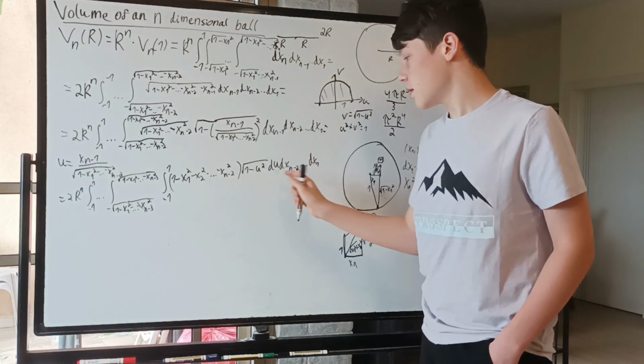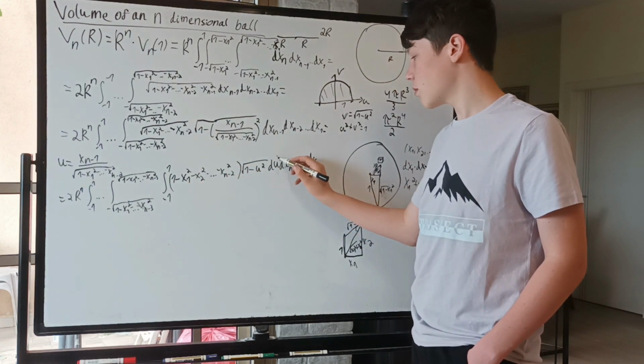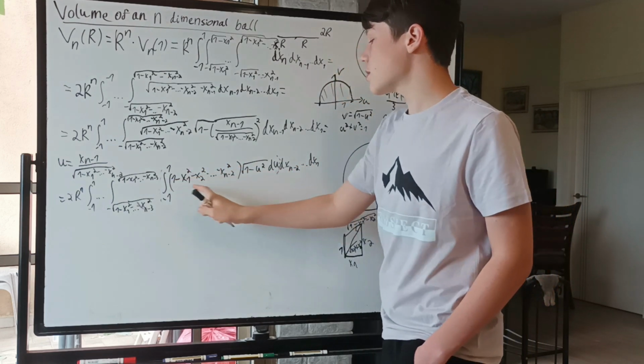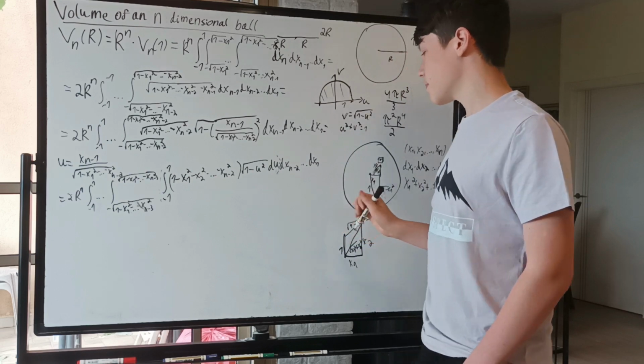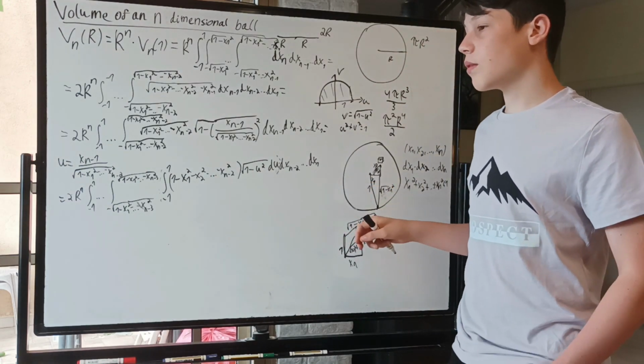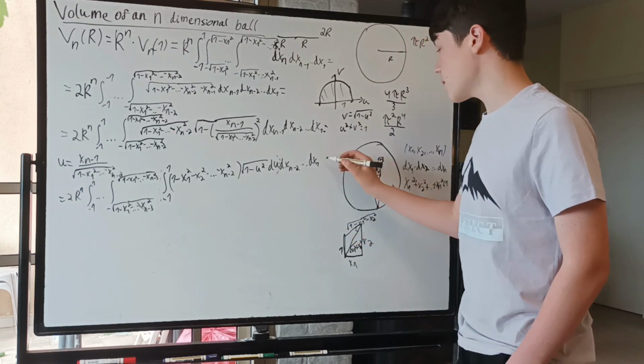So this integral will be pi over 2 times this. And then we'll be able to take the pi over 2 out. Pi over 2 times 2 to the n will be just pi times 2 to the n minus 1.